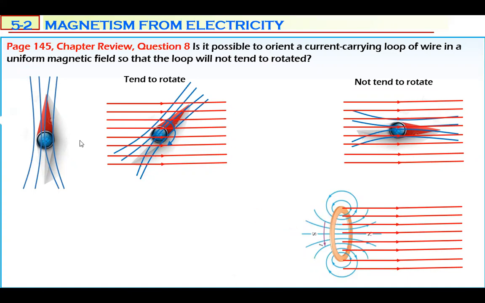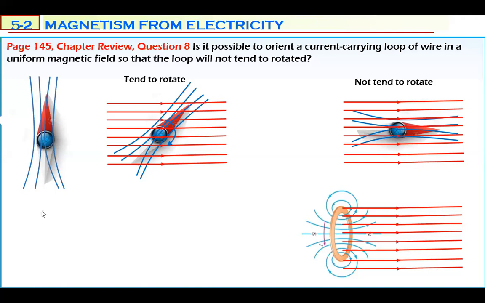The compass needle is a kind of magnet, so it can never stay at some angle to the external magnetic field; it becomes parallel to the direction of the magnetic field, so it does not tend to rotate. So if you locate a loop inside a magnetic field where it can freely rotate, it will tend to rotate until its magnetic field is in the same direction as the external magnetic field.